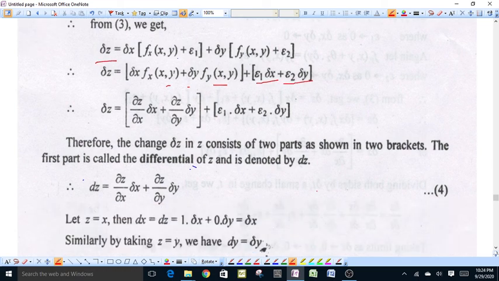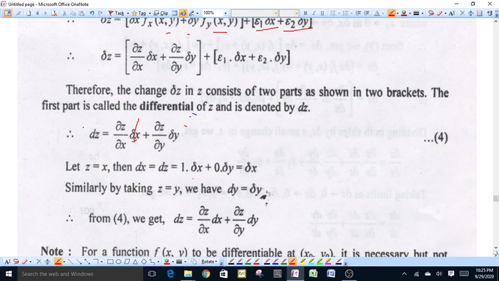Therefore, delta z is equal to ∂z/∂x delta x plus ∂z/∂y delta y.